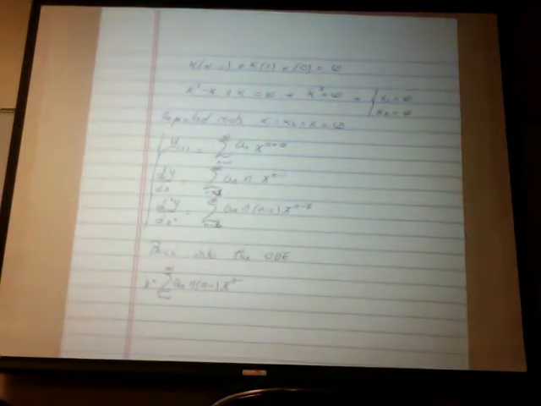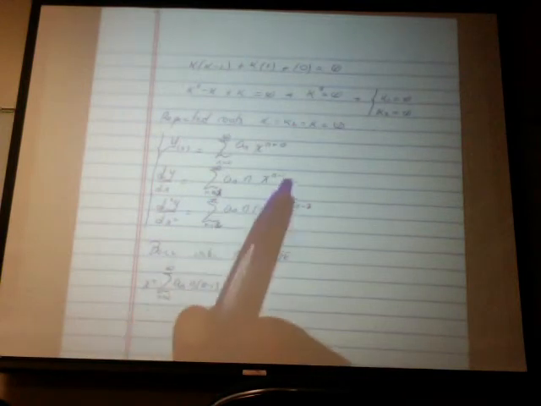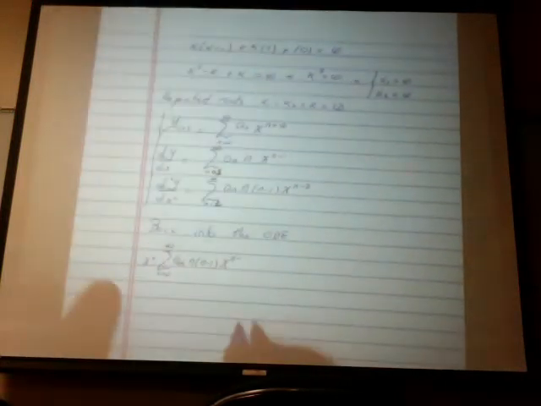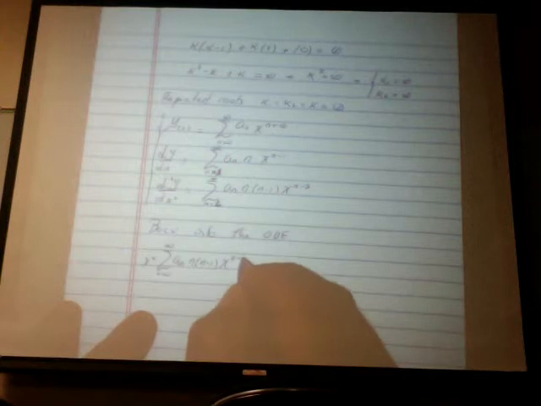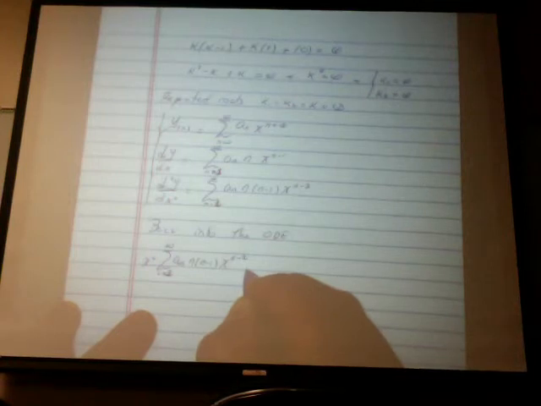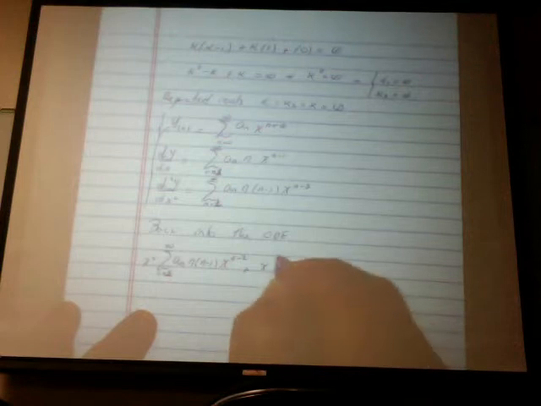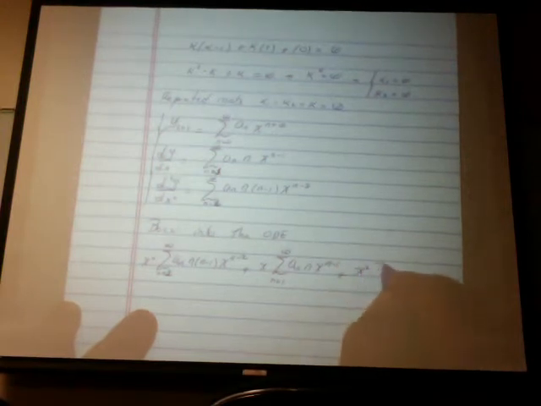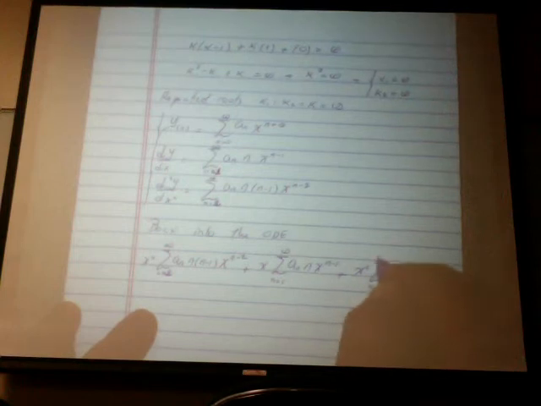We cannot start that at 0 because the derivative of these never yields a 1 over x. It's minus 2, so this starts at 2, plus x times the summation from n equal 1 to infinity of an times n times x to the n minus 1 plus x squared times the summation from n equals 0 to infinity of an times x to the n, and that's equal to 0.